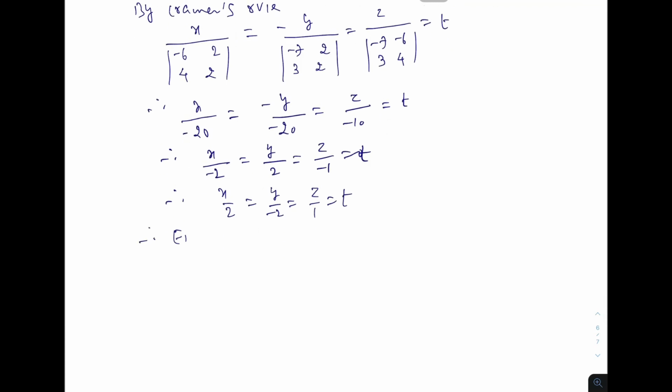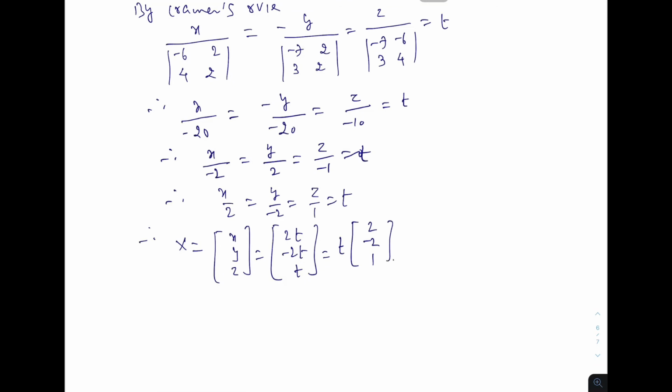And therefore x, that is x, y, z, is 2t, minus 2t and t. And so this is 2, minus 2 and 1. And therefore the eigenvector for lambda equal to 15 is the vector 2, minus 2, 1. Thank you.